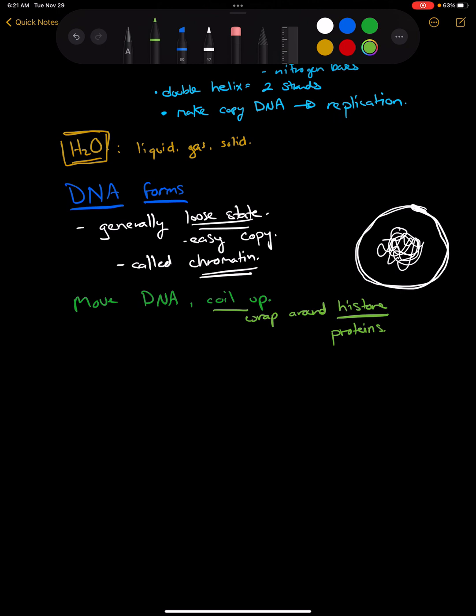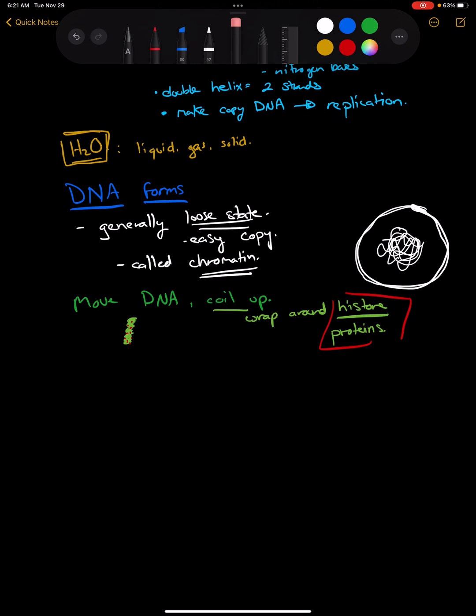All right, what that looks like is, we can go and use that green. So what that's going to look like is, instead of it being loose, now it's in this nice little tight package, right? And these red things, those can be those histone proteins, okay? So it's wrapped around there. So when you guys eat your spaghetti, you have to wrap it around a fork.